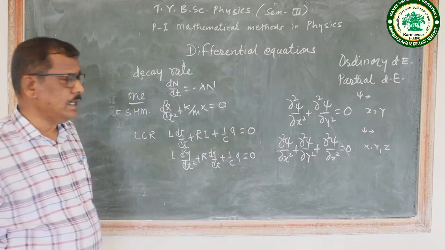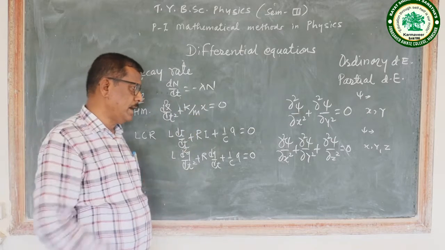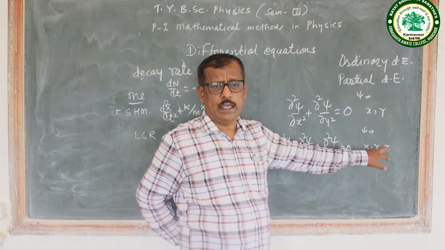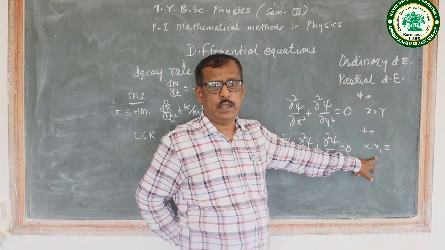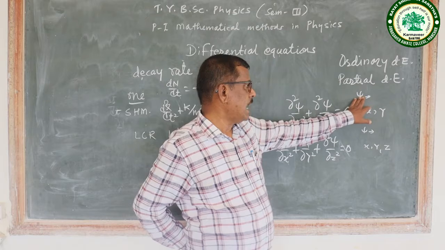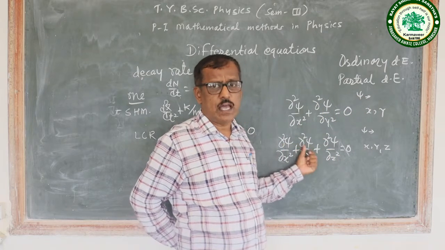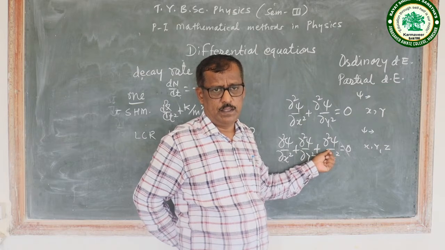In the first equation, x and y are independent variables, while in the second equation, x, y and z are independent variables. Here psi is the dependent variable, in the second equation also psi is the dependent variable.